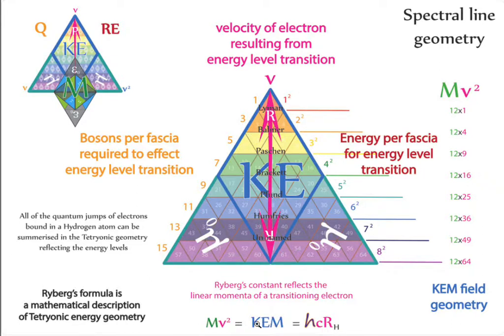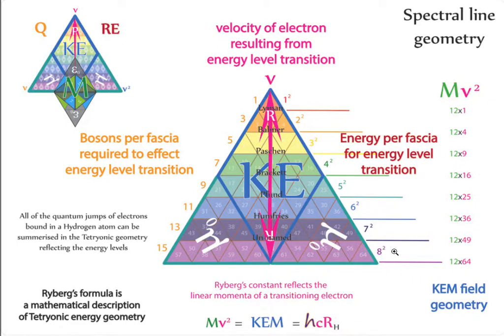mv squared equals the kinetic energy, the electromagnetic energy of the field, and we can quantize that using Planck's constant or equilateral energy geometries, break it up into the equilateral energy geometries to give us a frequency, or a Compton frequency of quanta.